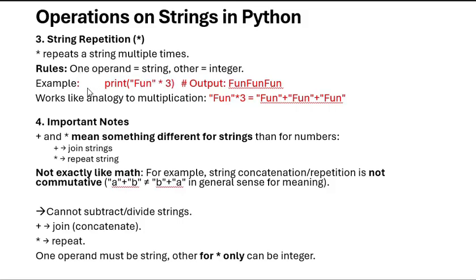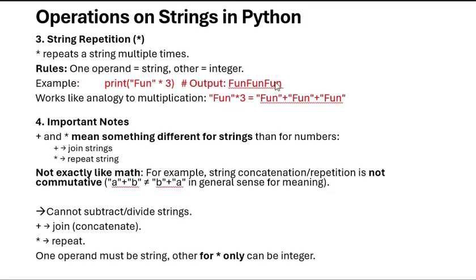For example, print fun times 3. Here I have taken the multiplication operator. The output will be funfunfun. It will print 3 times. Repetition of that string you can see in the output, that is funfunfun.